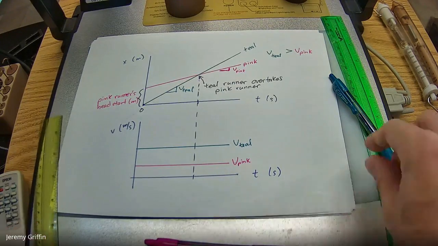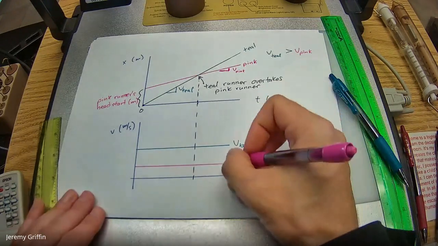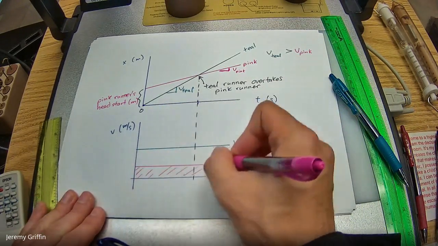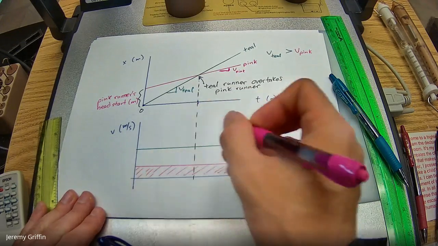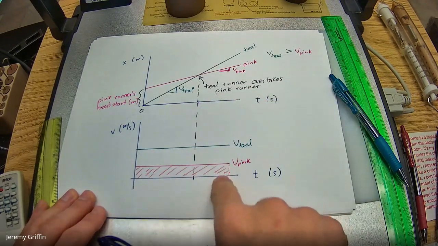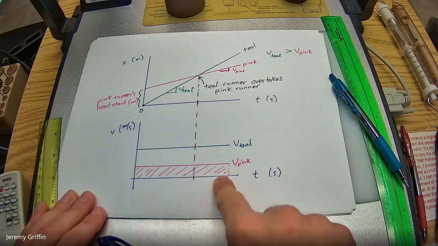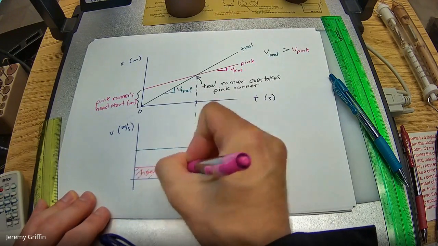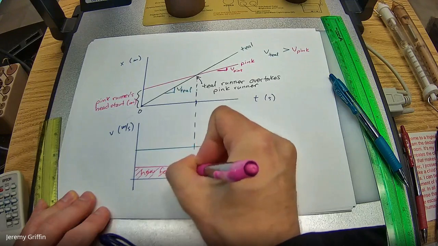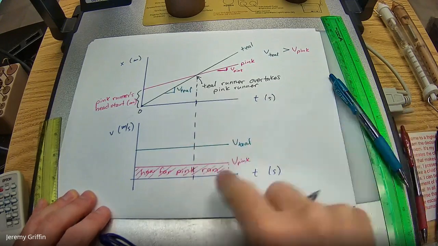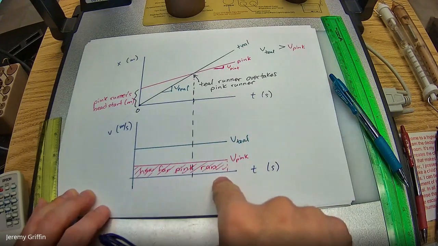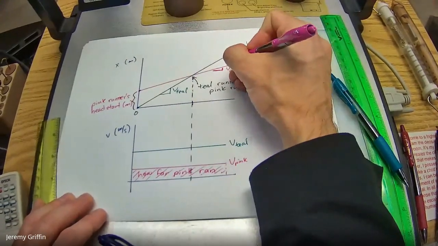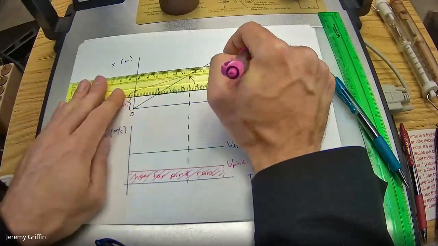How about this? If you look at the velocity versus time graph, okay. You guys see this little skinny rectangle right here? See the area of that rectangle? What does that represent? Isn't this how far the pink guy ran? How far in meters? Which would be the distance between here and here.